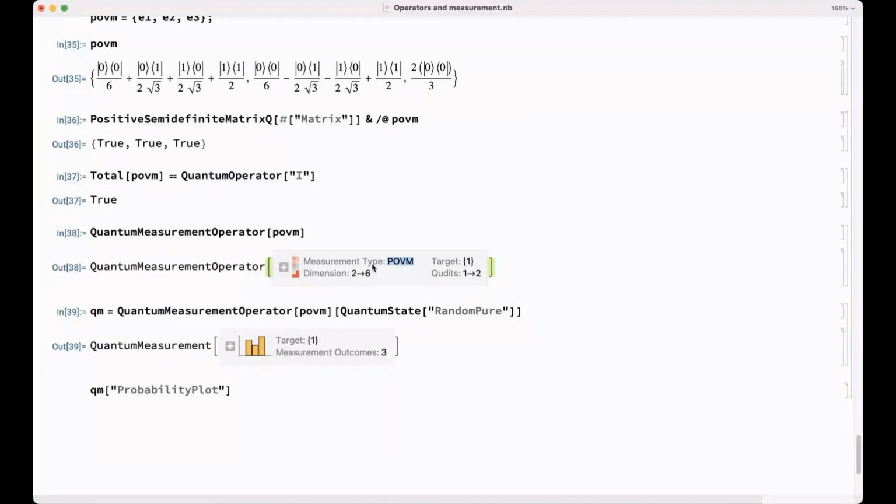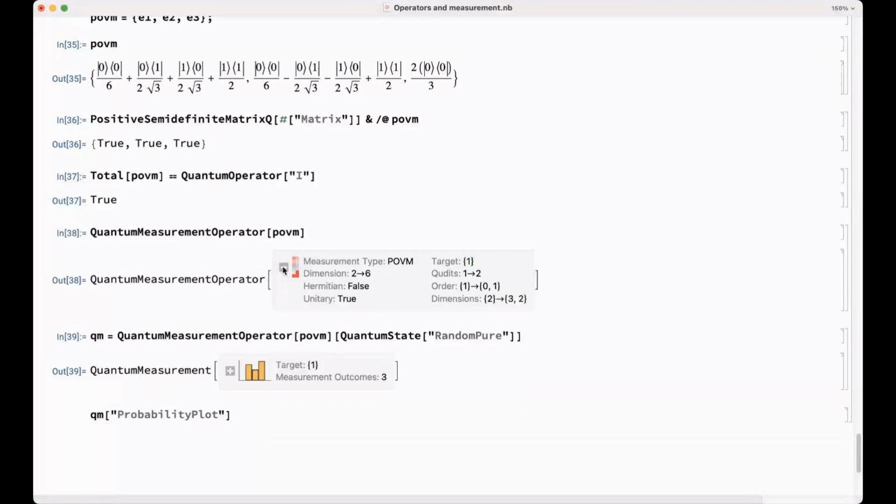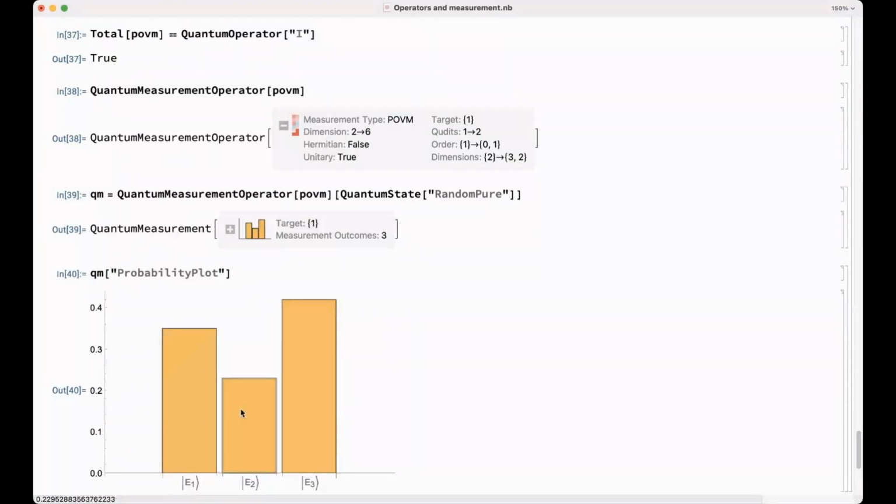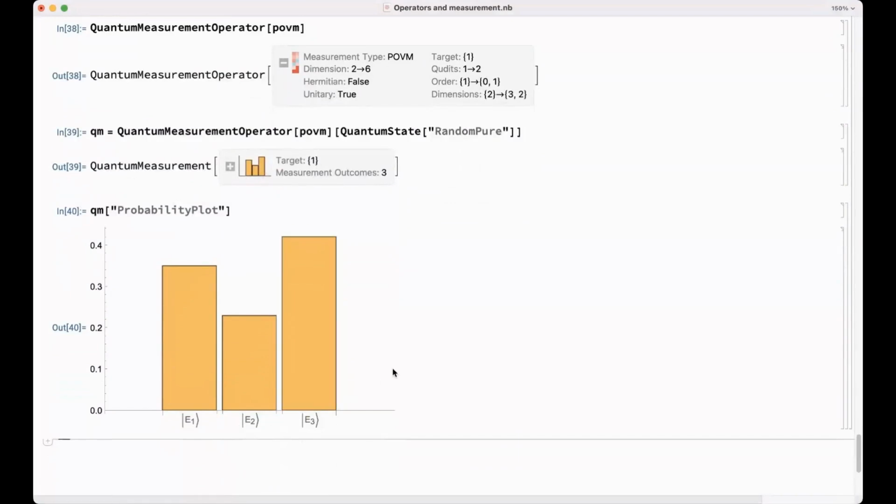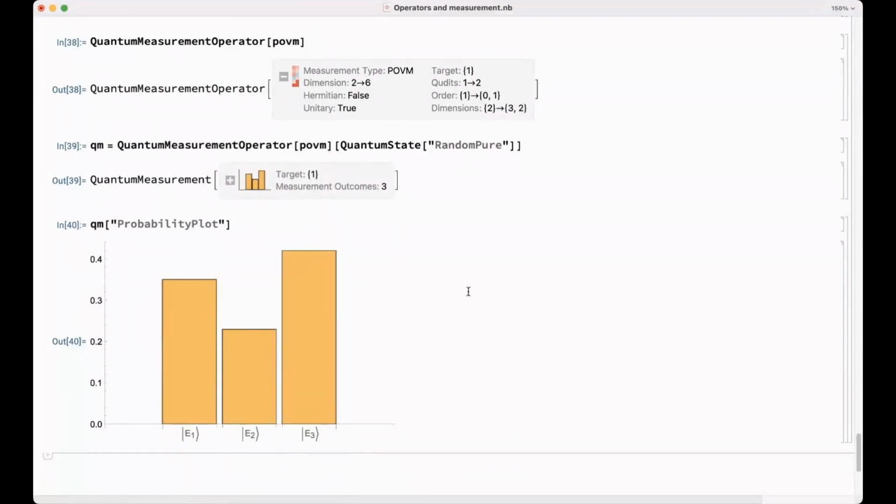And although you are measuring a two-dimensional system, you get three results, and each result corresponds to those states that we defined at the very beginning. We can look at the probability plot, where E1 corresponds to state number one, E2, and E3. So it's like measuring a spin one-half system, but because I'm doing a generic measurement, we are getting three results.